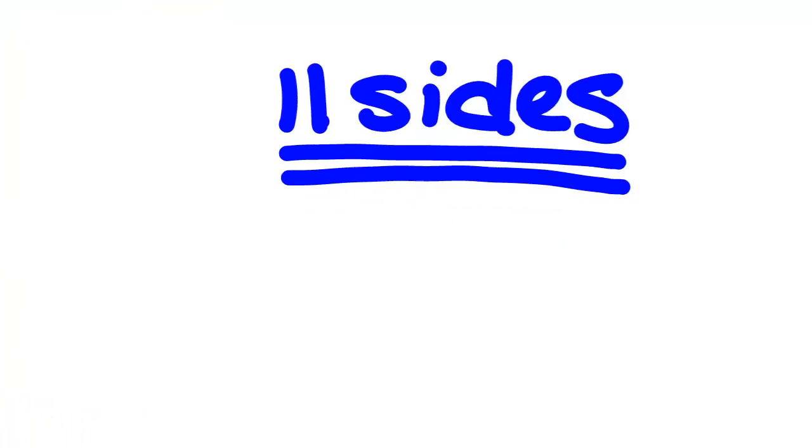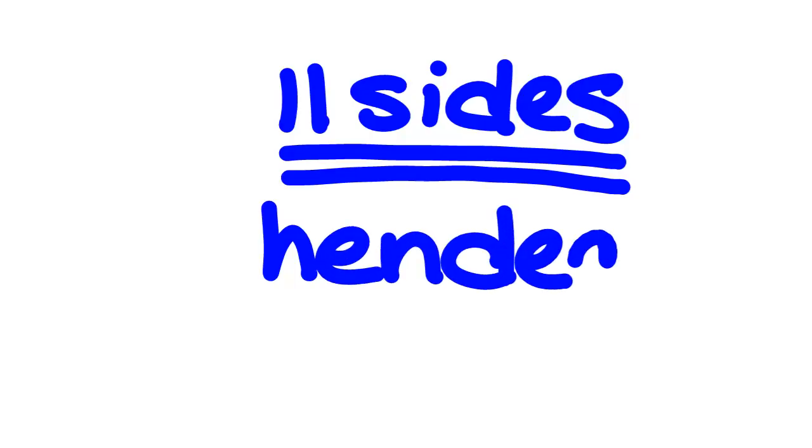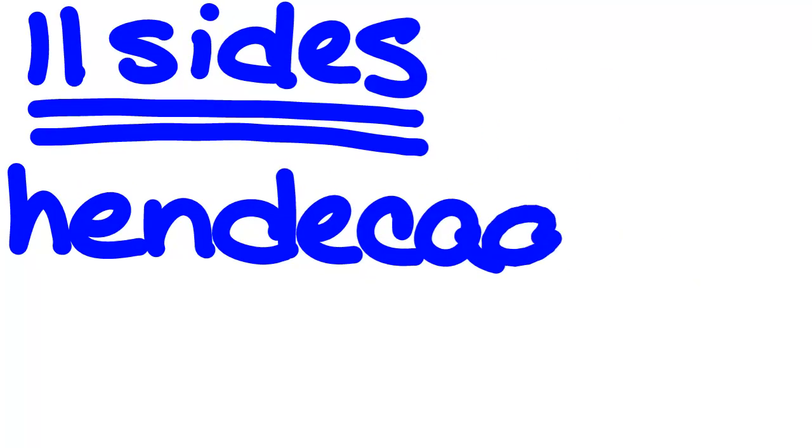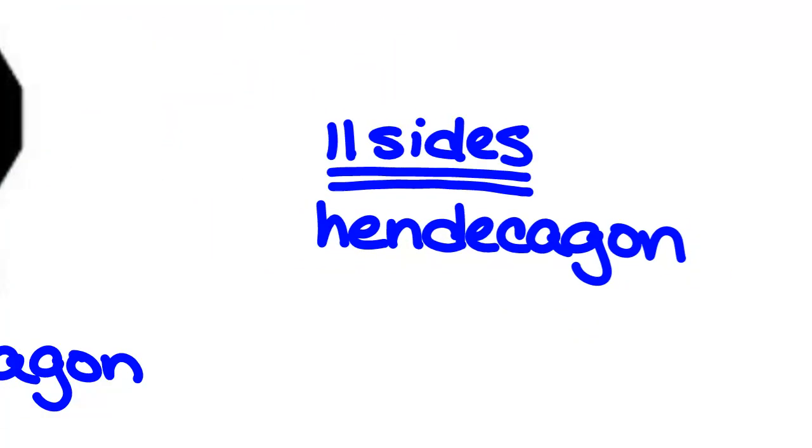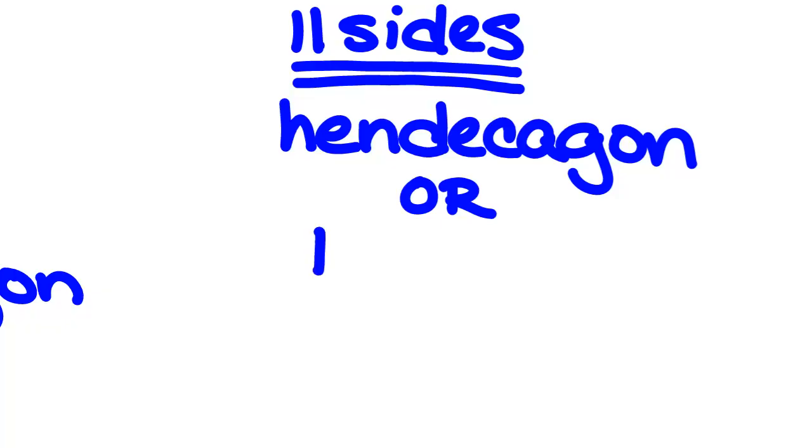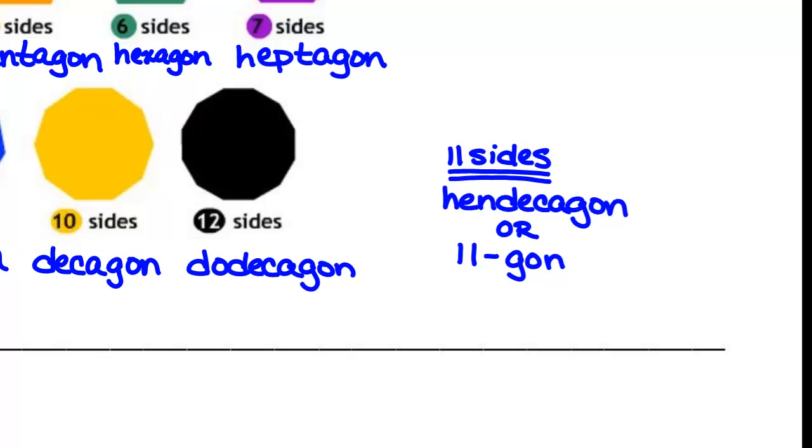This is called a hendecagon. But most of the time when we get into these weird-sided shapes, we just name it by the number of sides and then with gon after it. So you could call it a hendecagon or you could call it an 11gon. That would also work.